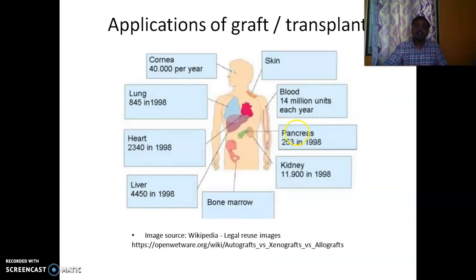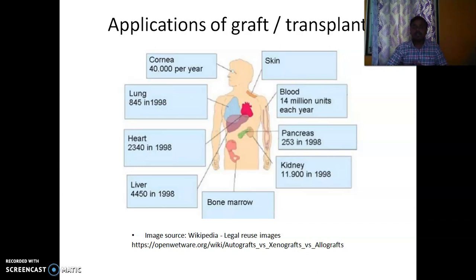When we talk about transplantation, what are all the applications of this graft or transplant? Nowadays, a majority of organs or tissues are being transplanted. For example, eye transplantation, cornea transplantation, is taking place hugely.